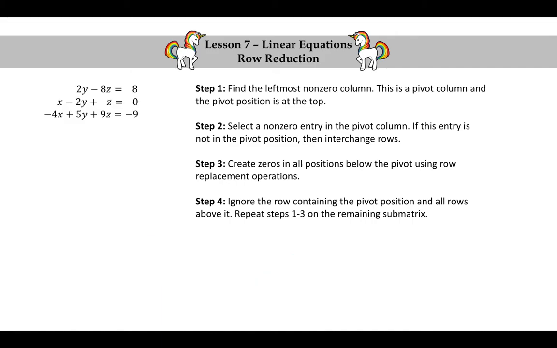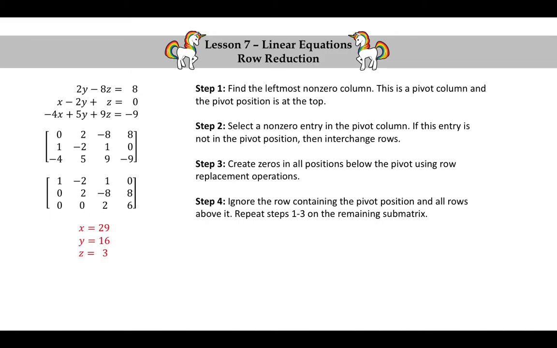Okay, so to summarize, we started with our linear system, wrote the augmented matrix for that system, row reduced using the 4-step row reduction algorithm, or equivalently Gaussian elimination, and then used back substitution to find x, y, and z.